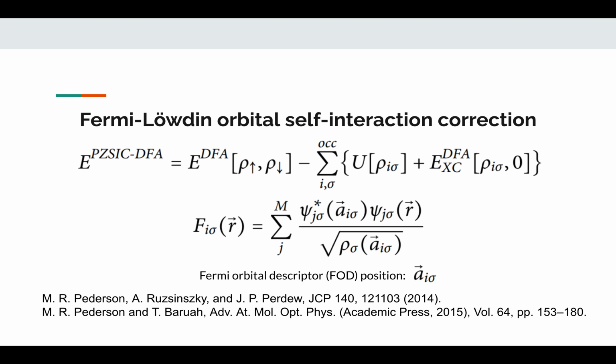By using the Fermi-Löwdin orbitals in the PZSIC equations, the FLOSIC approach transforms the problem into the following. Find the set of FODs that minimize the total energies.